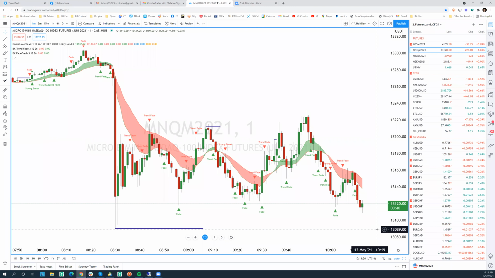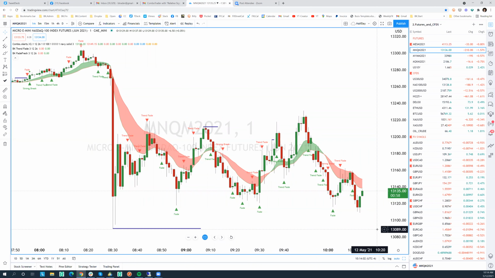I think if the next candle after this one makes fresh lows, then that would be a fade candle. Okay, it doesn't make fresh lows.